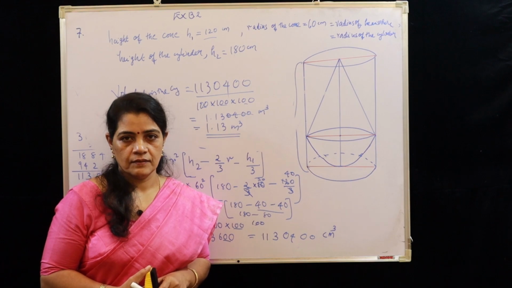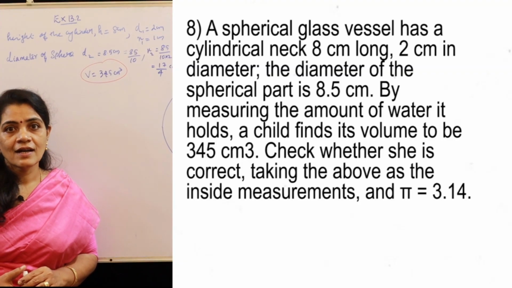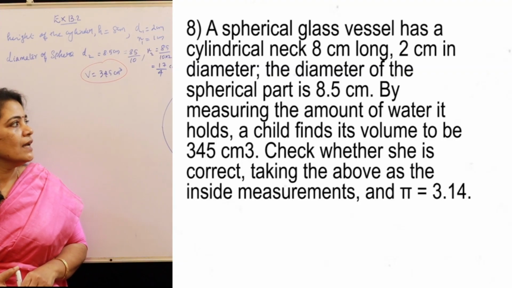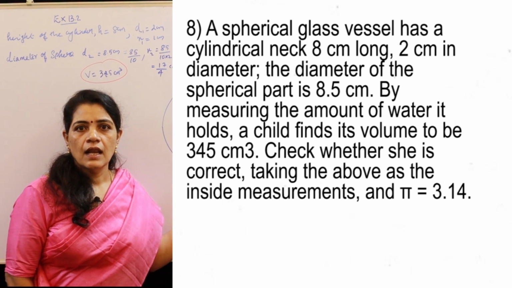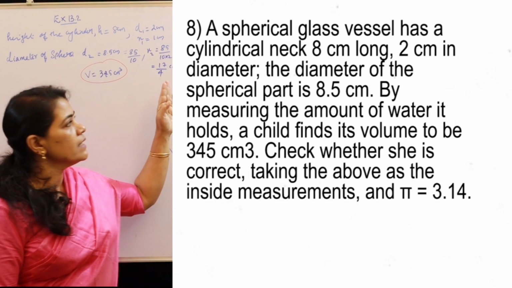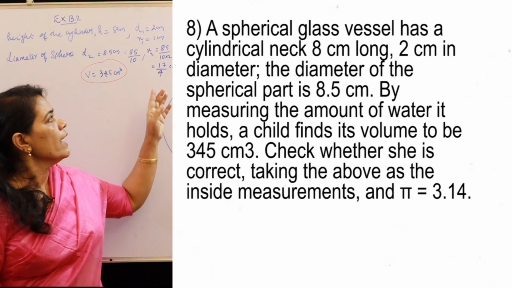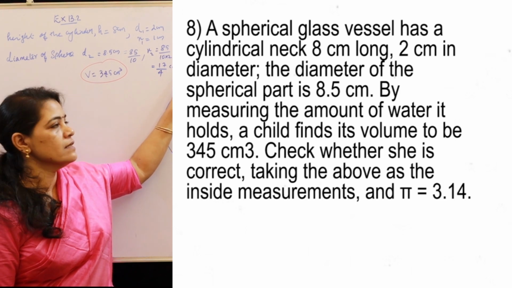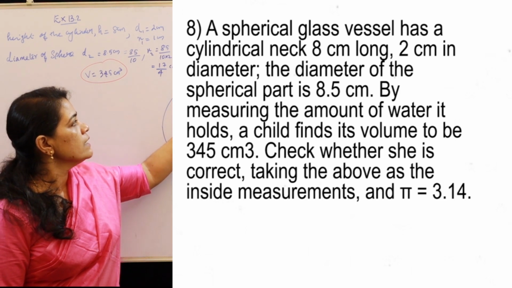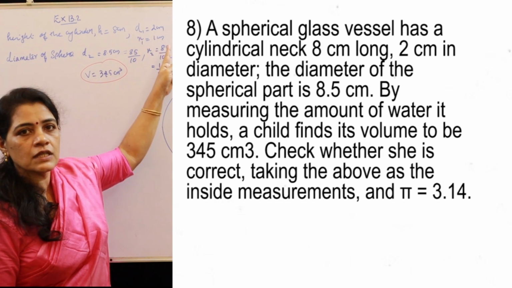Okay? Yes. Now we are moving to the last problem of this exercise. Here in this problem, we have a spherical glass vessel which has a cylindrical neck, and the height of the cylindrical part is given as 8 centimeter, and diameter is given as 2 centimeter.